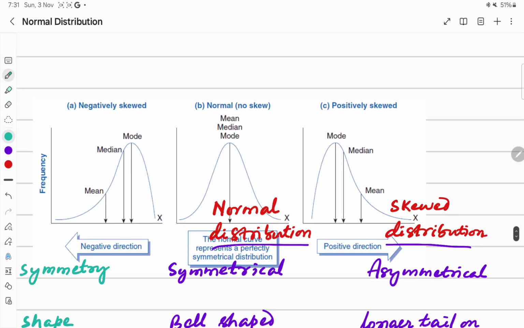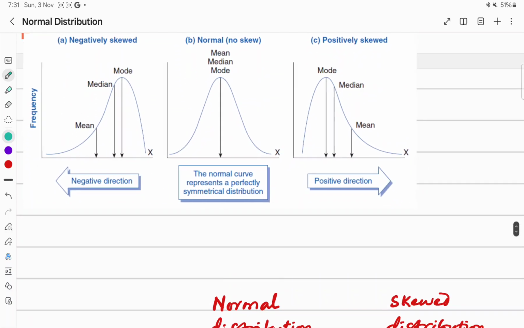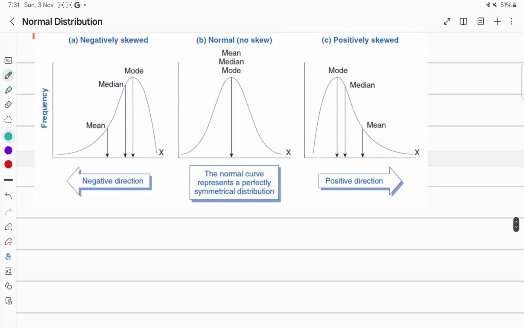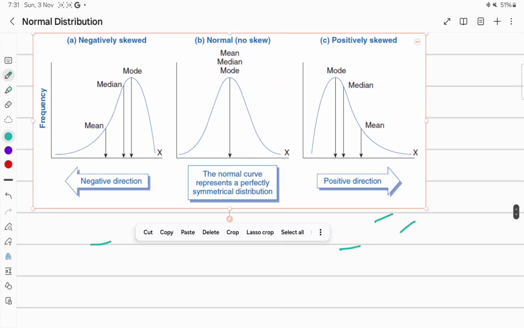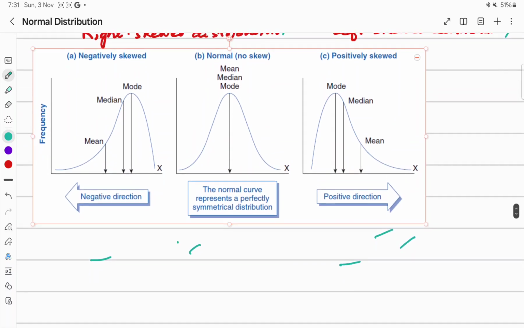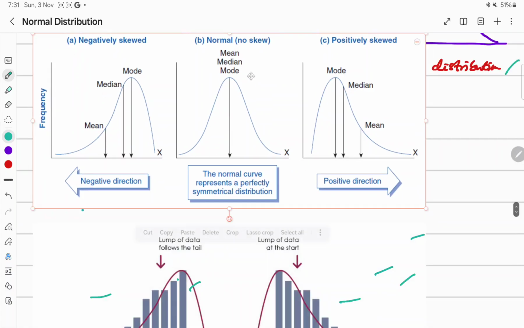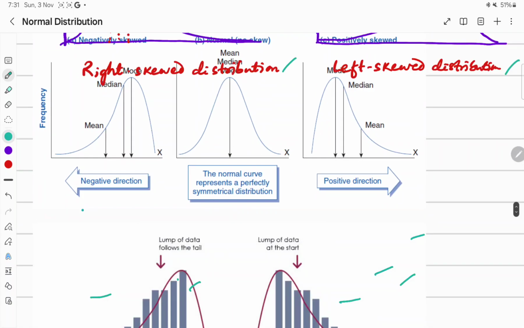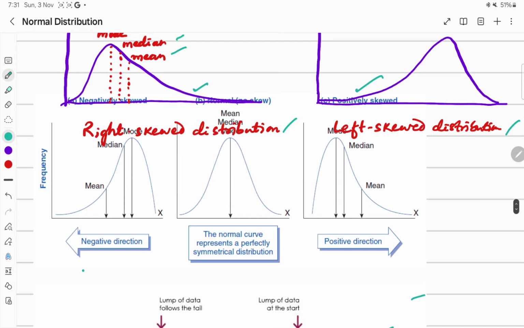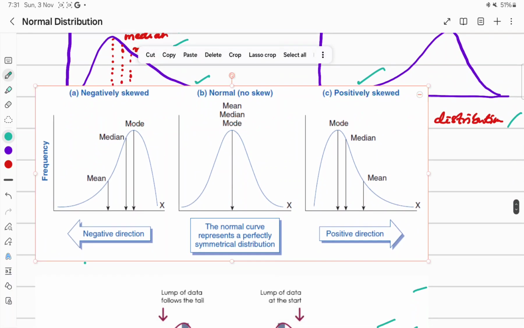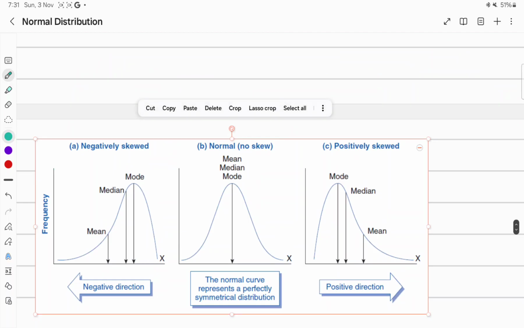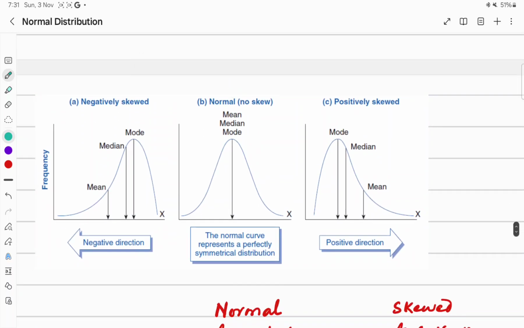And you can see here, in case of normal distribution, mean, median, mode all are the same.